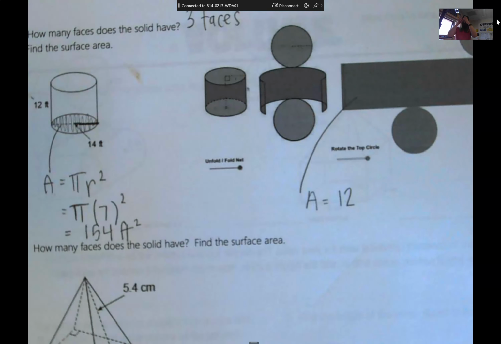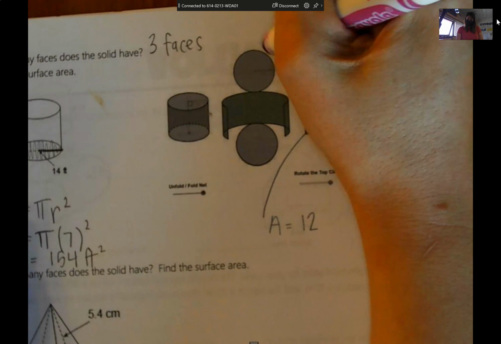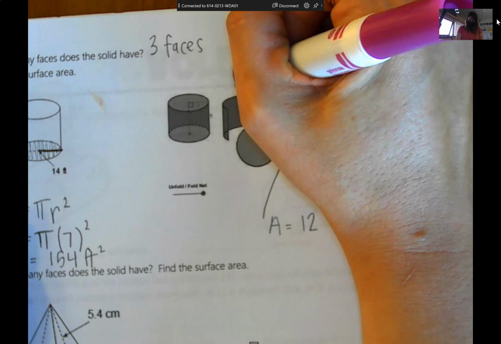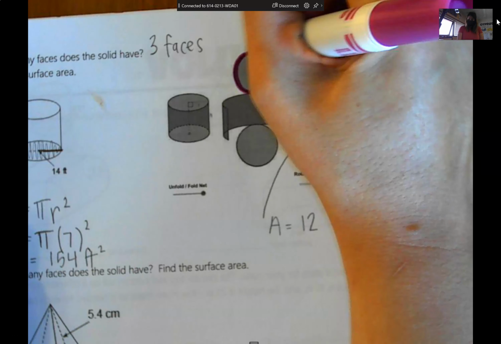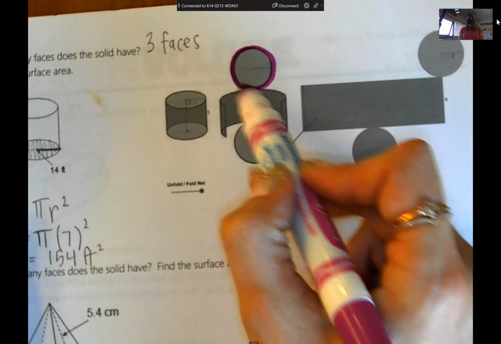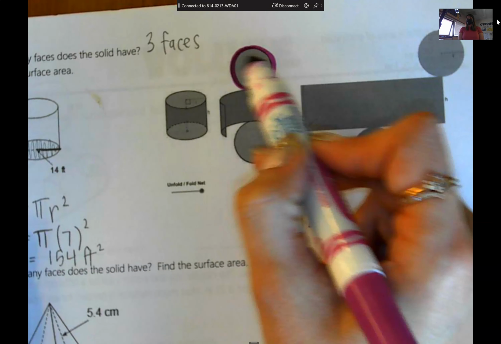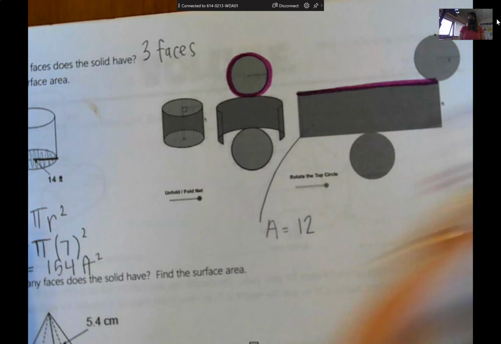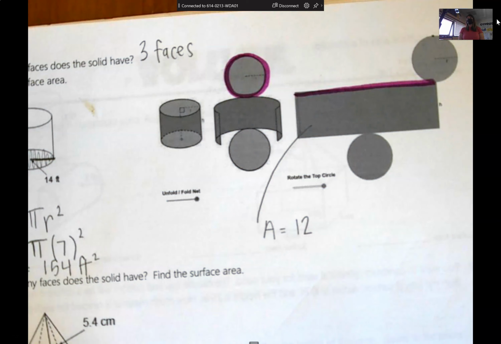Okay, well, it turns out that when you unroll this, the length of the rectangle is equal to the length of the circle. Let me show you what I mean. Your circle has what is called a circumference, and this part of your rectangle is the same size as the circumference.